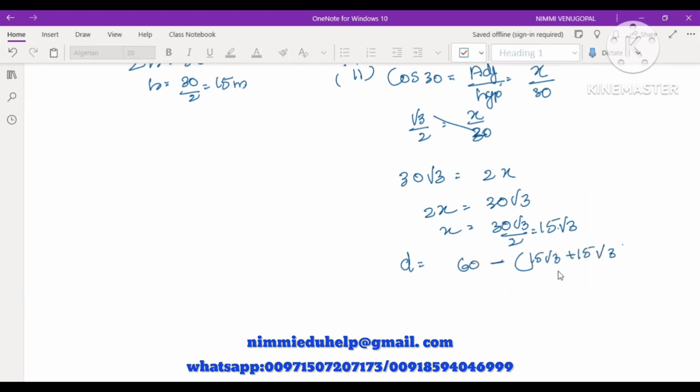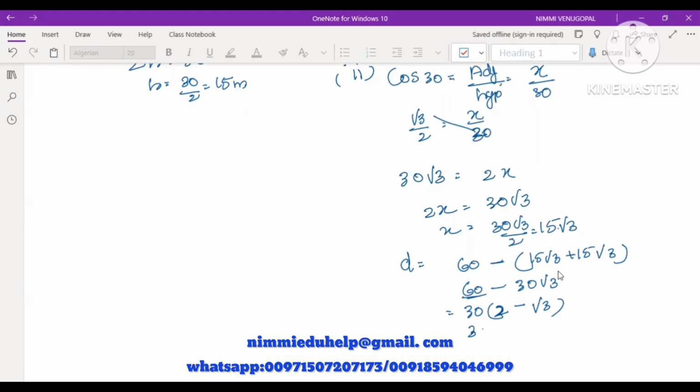We have to add both the x values and subtract from the total. So 60 minus 30 root 3. Here 30 is the common factor, so we take it out, and inside the bracket it will be 2 minus root 3.